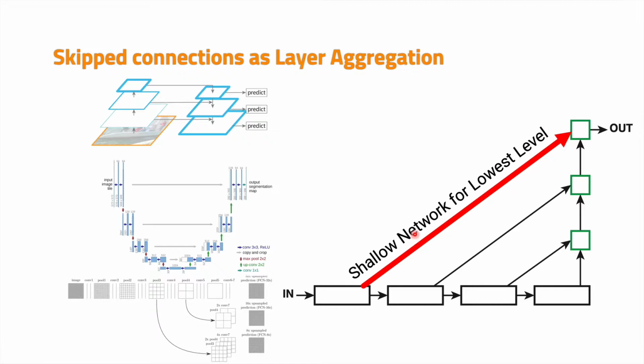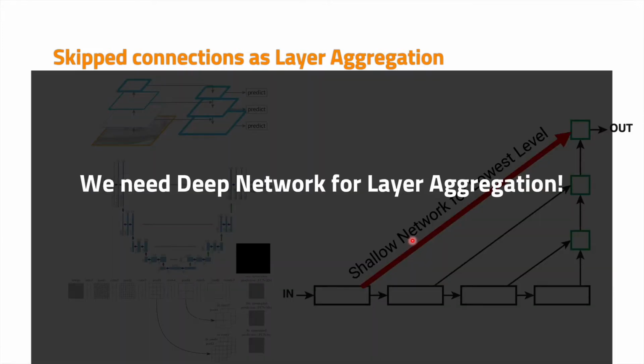So this may become the bottleneck for having good semantic spatial information. And if there's anything we have learned during the past 10 years, it is that we need deep networks to extract good representations, even if the goal is to extract semantic information for each individual pixel. So we need deep networks for layer aggregation, but how can we achieve that?